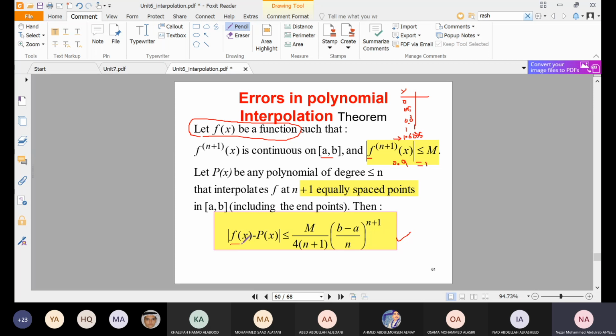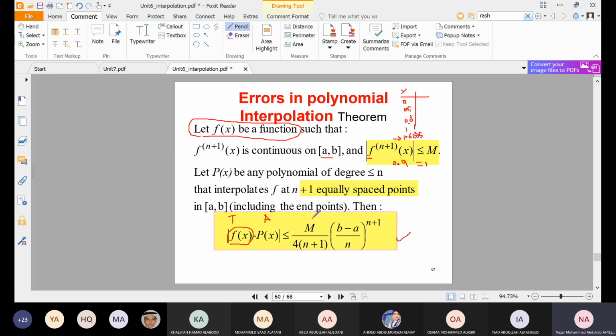So that means the error, this is the actual function that I have, the true value, we call this the truncation error, minus this is the approximation, the polynomial that we compute, should equal this term. So here the main point, I want to compute or estimate the value of m.